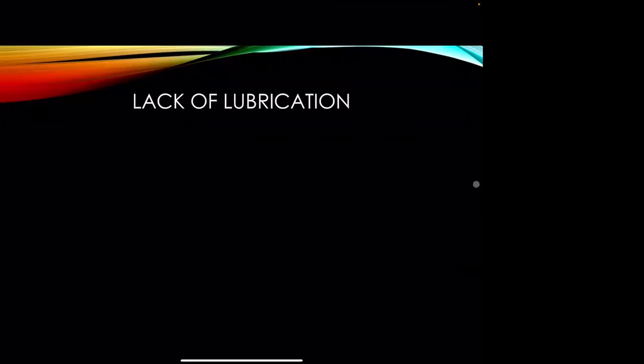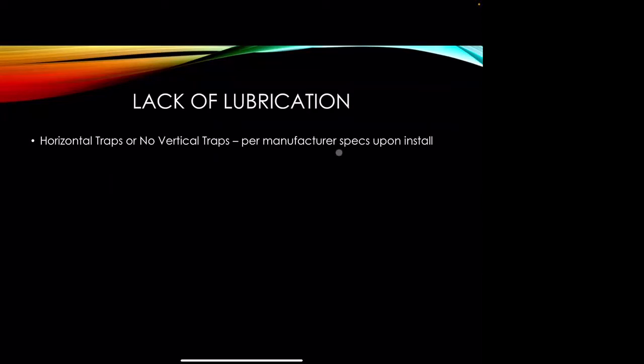So let's talk a little bit more about lack of lubrication. What does that mean? Well, it can mean that there's horizontal traps. We're trapping that refrigerant, that oil from migrating back to the compressor, or it doesn't have a proper vertical trap. How do we find out if we need these things? Well, we read the book. RTFM.